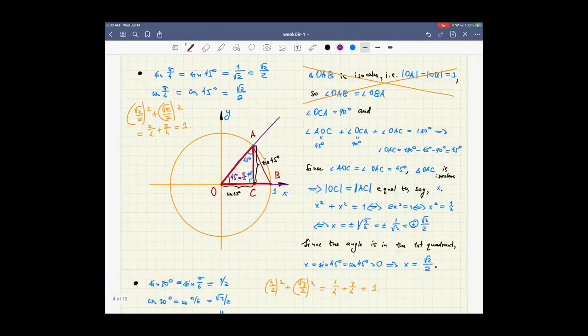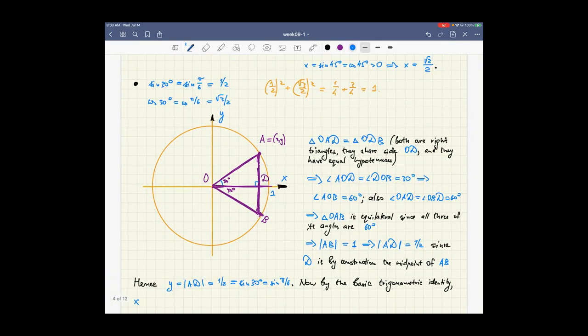And if I do this here, plus minus square root of 1 minus 1/2 squared, that is plus minus square root of 1 minus 1/4, that is plus minus square root of 3/4. That is plus minus root 3 over 2.